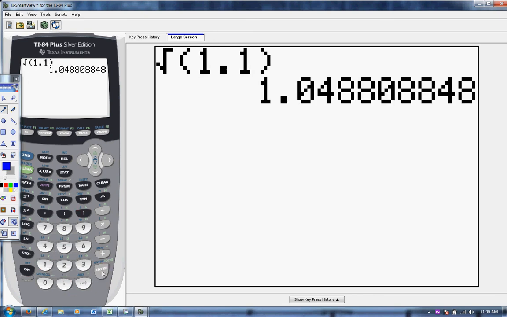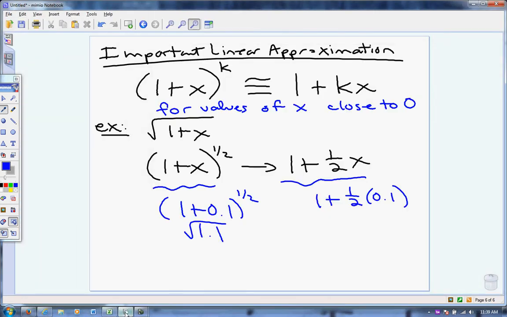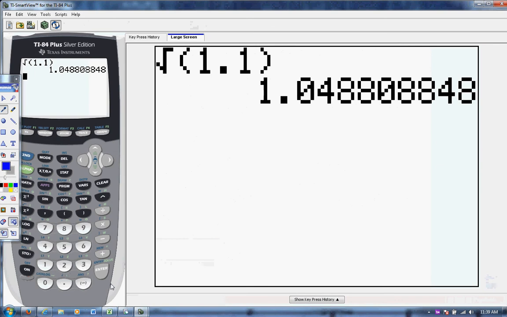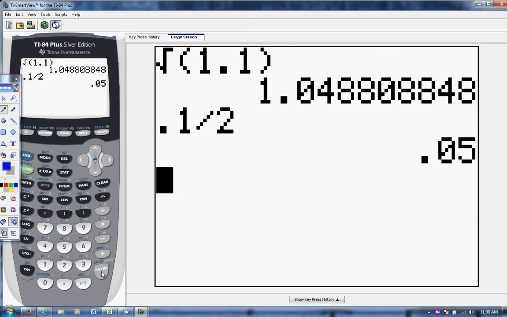The square root of 1.1 is 1.0488. Now let's go over to my other one and find half of 0.1 and add 1 to it. So 0.1 divided by 2 is that, and add 1 to it.